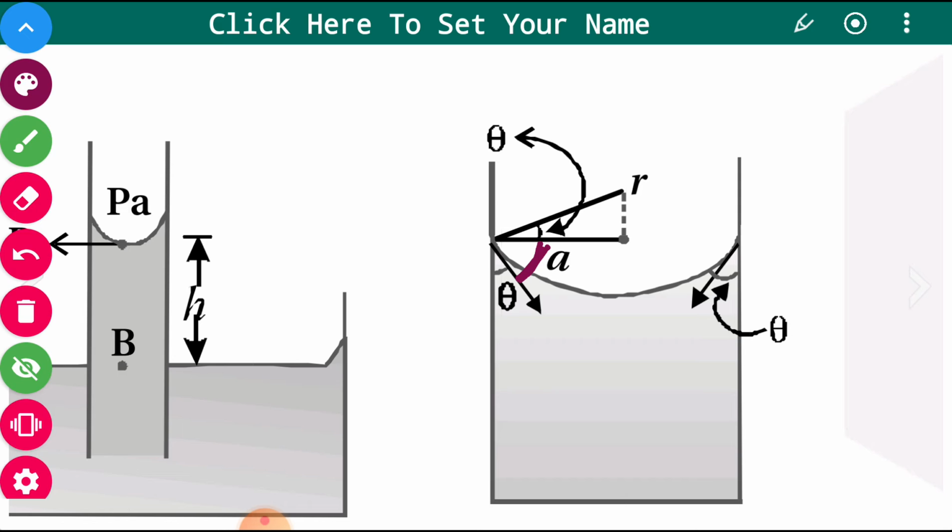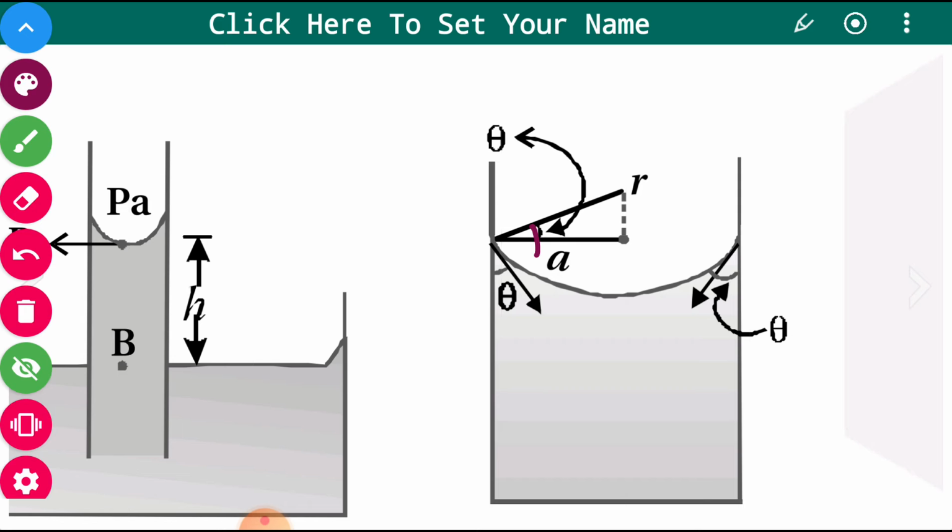Now this tangent and the radius are always perpendicular, so this angle is 90. So this particular angle as such is 90 minus theta, so this angle as shown here is theta. I have explained how this angle becomes theta.